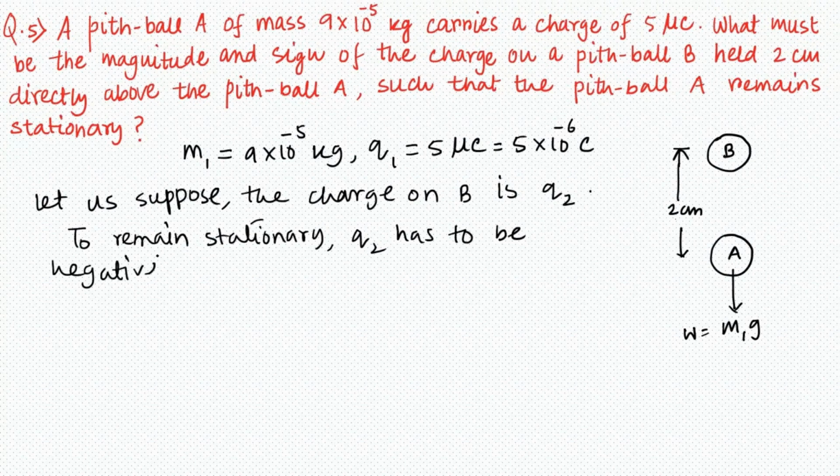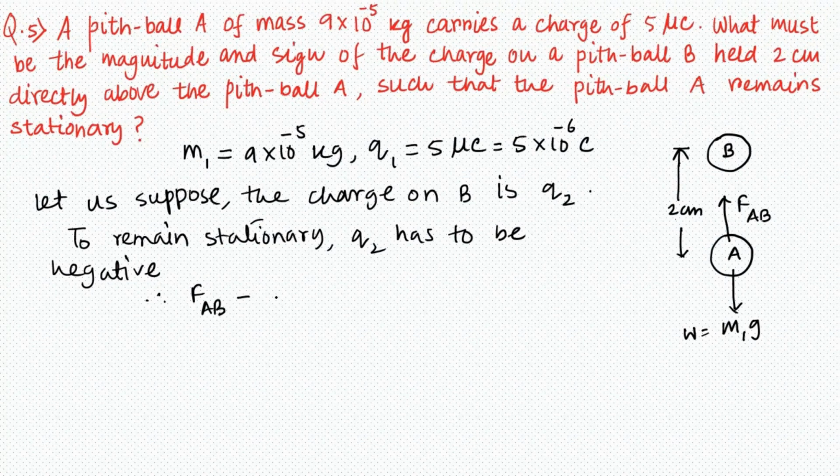So the Coulomb force will act in this direction. That means the Coulomb force on A due to B would be, let us suppose, FAB. So this FAB and the weight have to be equal to each other.